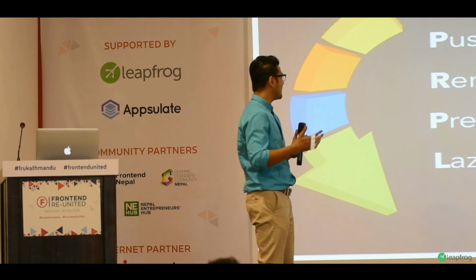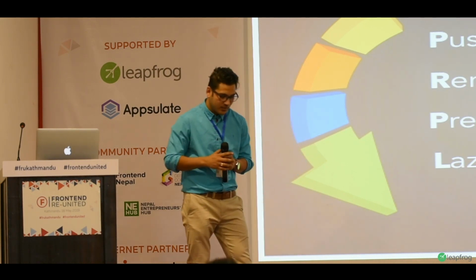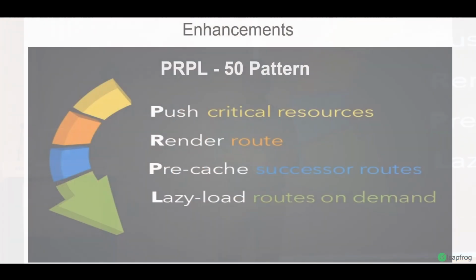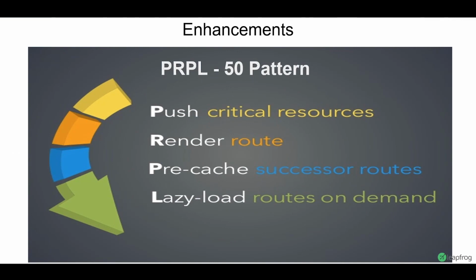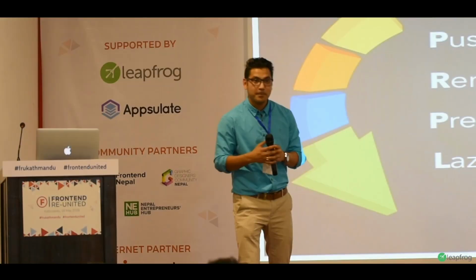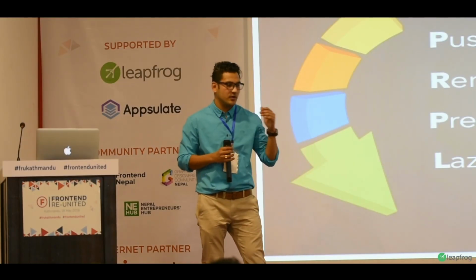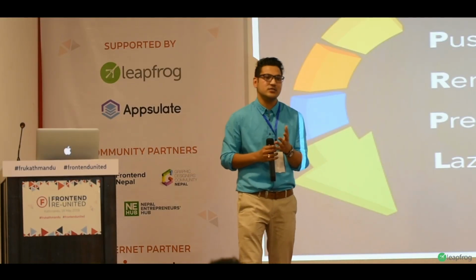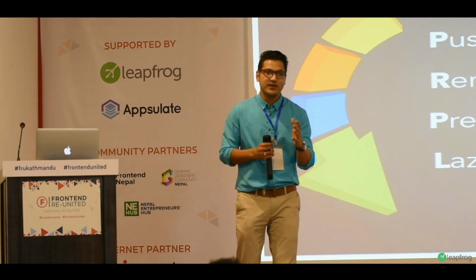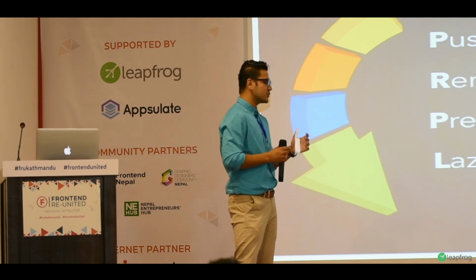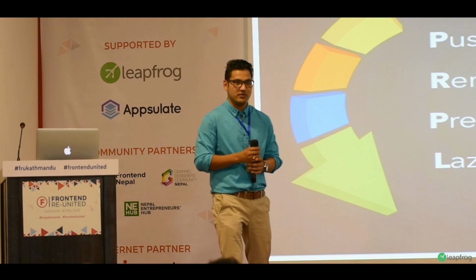For the PRPL, P stands for push critical resources. What this means is that the most important resources, like the index file or maybe the index resources JS, should be pushed to your browser from the server with the use of HTTP2 as fast as possible, so that your browser can render your page as fast as possible, right?